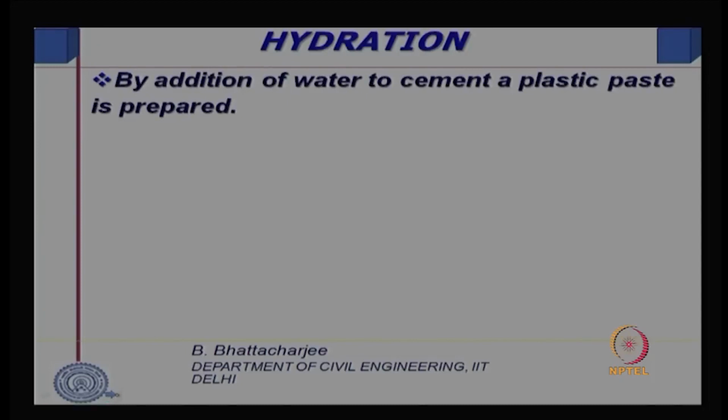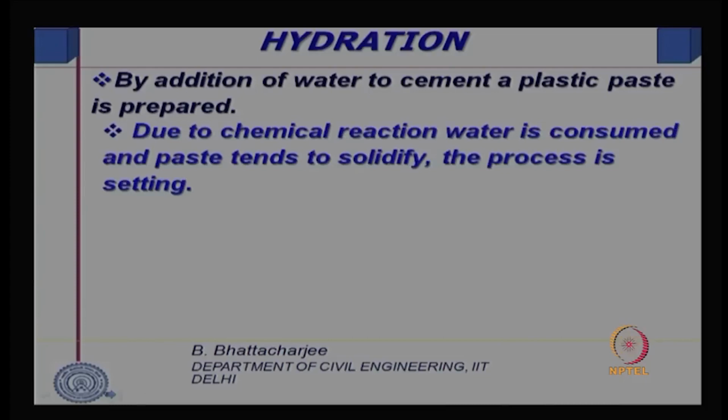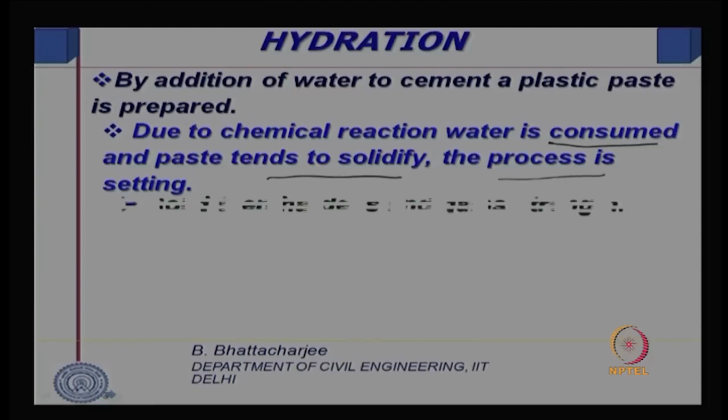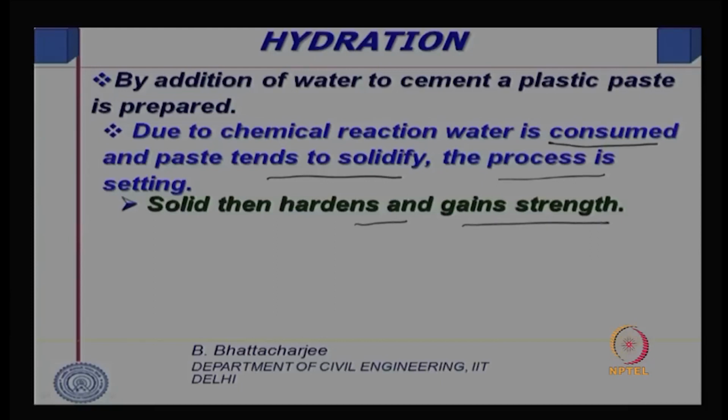By addition of water to cement, a plastic paste is prepared. Due to chemical reaction, water is consumed and the paste tends to solidify. This process is setting. The solid then hardens and gains strength. So, setting is solidification, it does not have sufficient strength at that moment, and gradually it will gain strength as well.